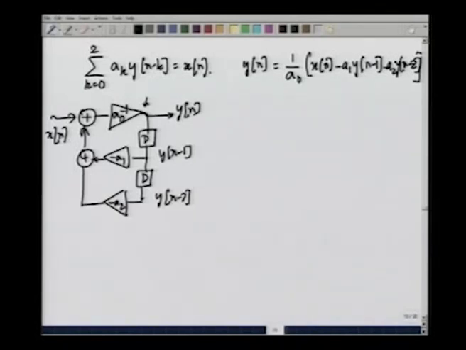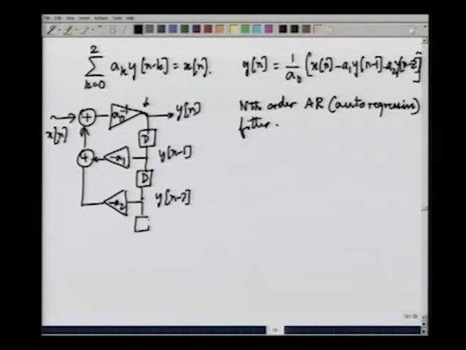The more general equation for the nth order autoregressive filter, which we just write as AR filter, is found by just generalizing this diagram a little bit, which I will do without rewriting it all over again. I have this already. So, I will put another delay block over here.